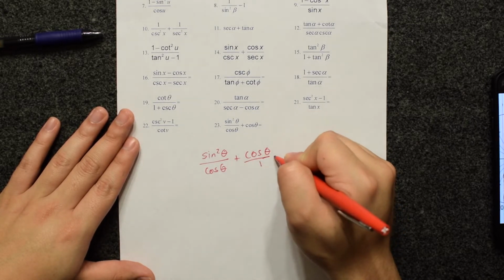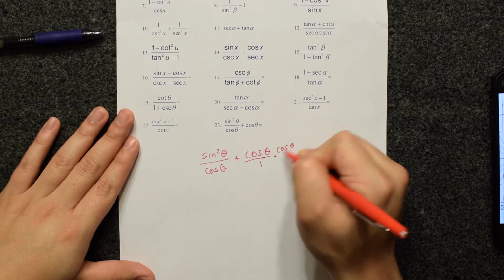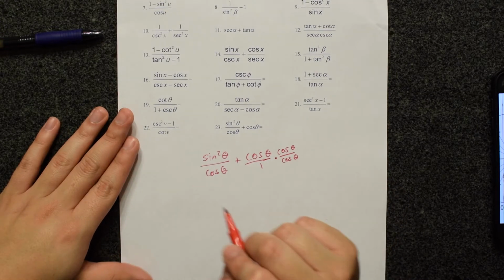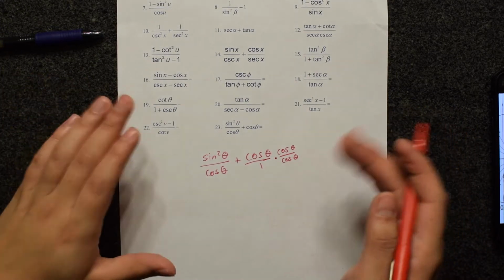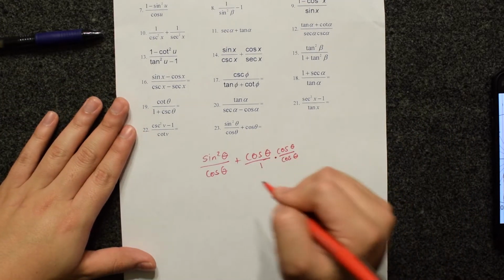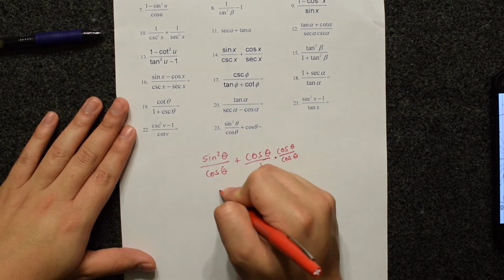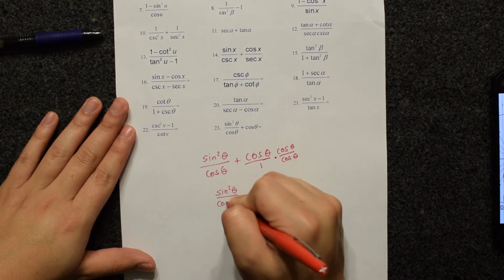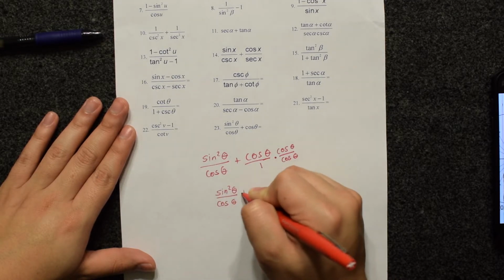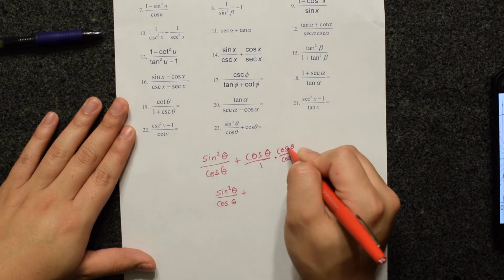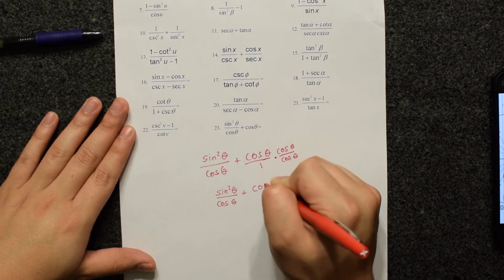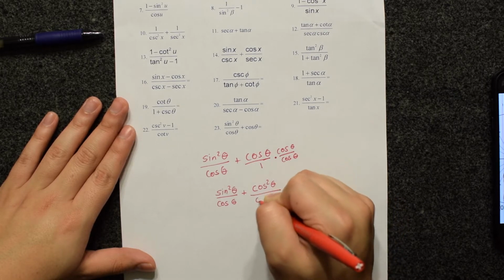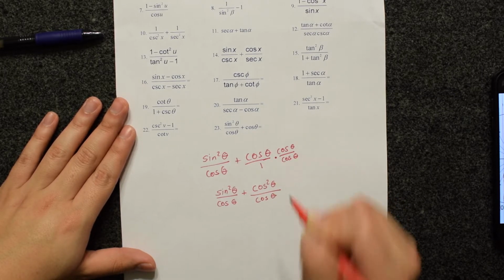If I were to multiply this by cosine theta over cosine theta, I'm multiplying this by 1, so I'm not changing the value of it. I'm going to have sine squared theta divided by cosine theta plus cosine theta times cosine theta, that's cosine squared theta over cosine theta.